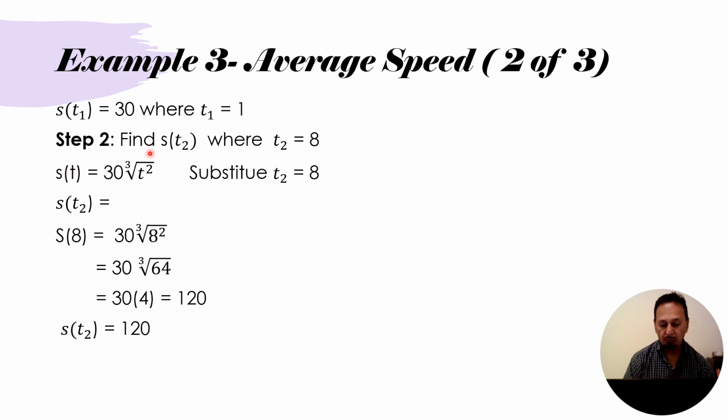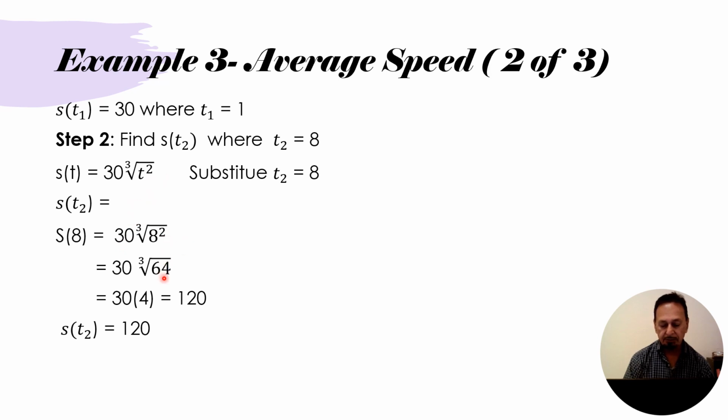So step 2, find s of t2, where t2 is 8. Write down the equation s of t is equal to 30 times the cube root of t squared, and substitute t2 equals 8. So this becomes s of 8, which is 30 times the cube root of 8 squared.